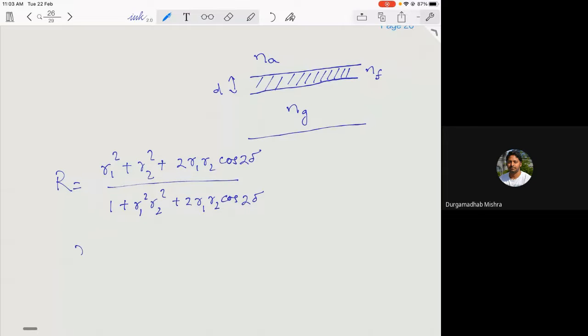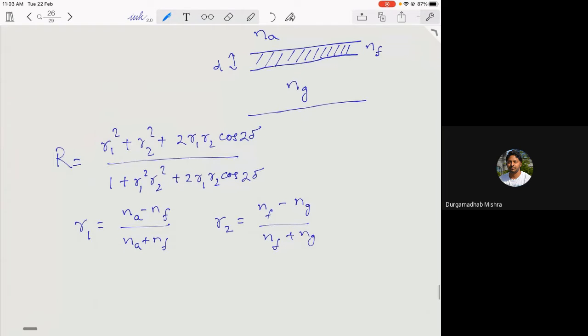And what is R1? R1 is the reflection coefficient from the top surface, the air and film interface, (Na minus Nf) divided by (Na plus Nf), and R2 is the reflection coefficient from the film and glass surface, which you write as (Nf minus Ng) divided by (Nf plus Ng).